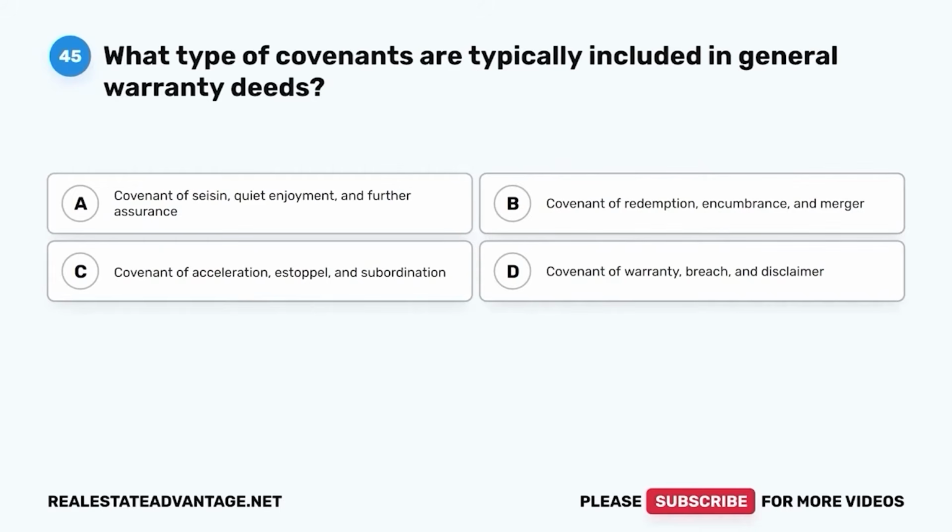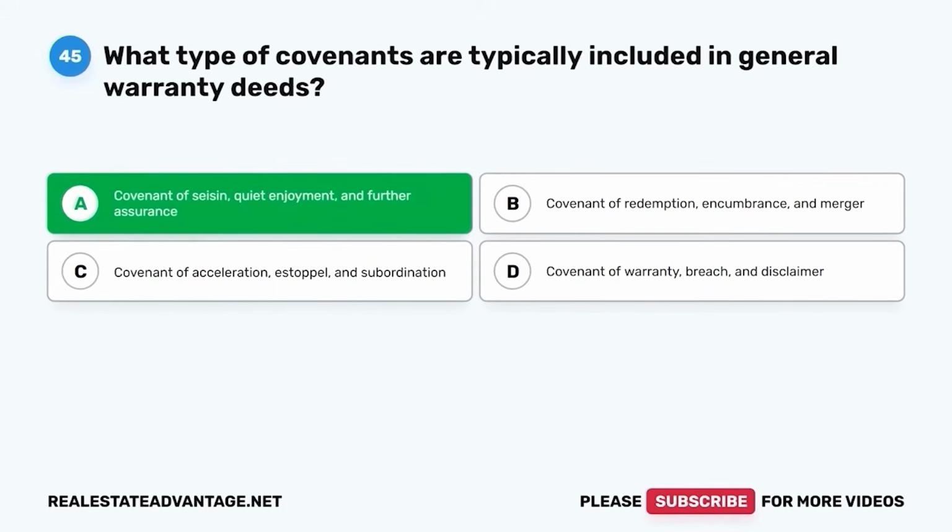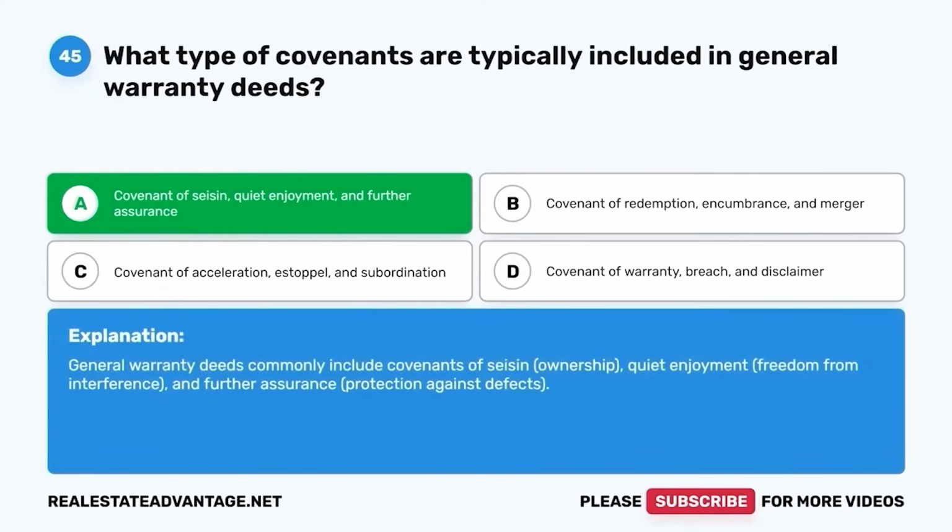D. Covenant of warranty, breach, and disclaimer. The correct answer is A. General warranty deeds commonly include covenants of seisin, quiet enjoyment, and further assurance, providing protection against defects.